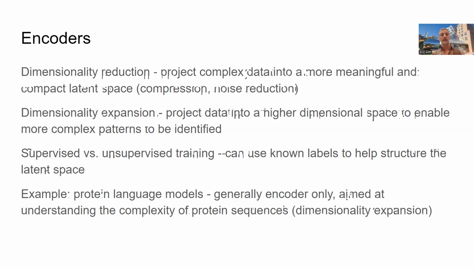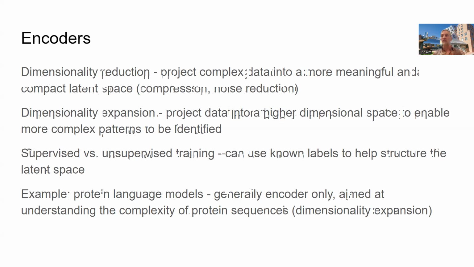Another possibility is dimensionality expansion. And this is what we're going to see in our protein language models, right? Because we take a bunch of integers, a very small amount of data, but we're going to use what we've learned from looking at hundreds of millions of other proteins, and then we're going to add more information, right? And hopefully it'll be high quality information to our input, which is quite small.